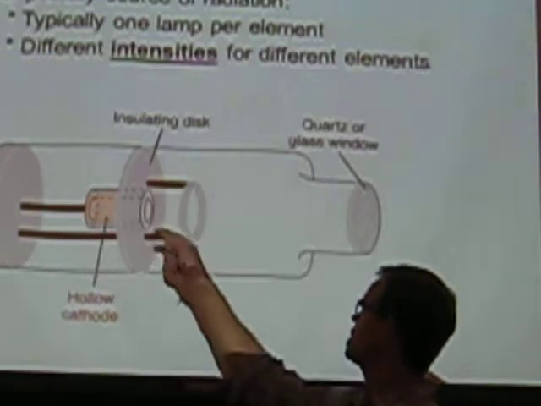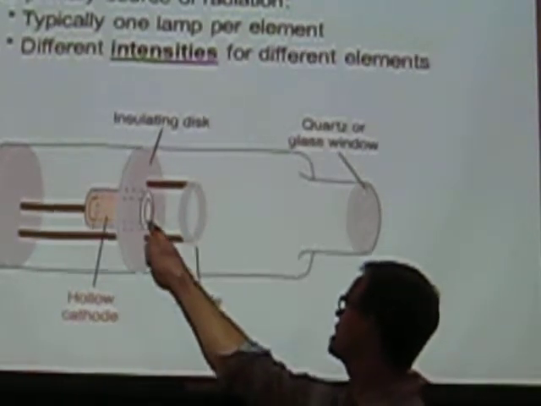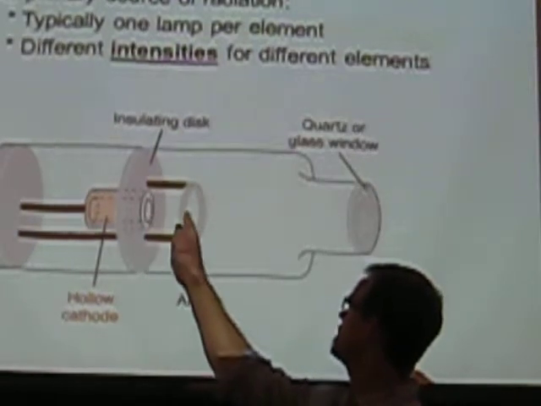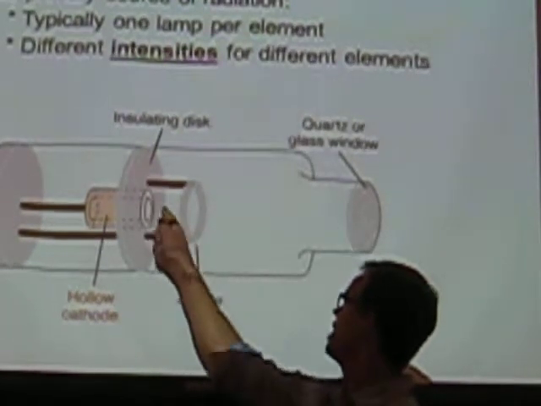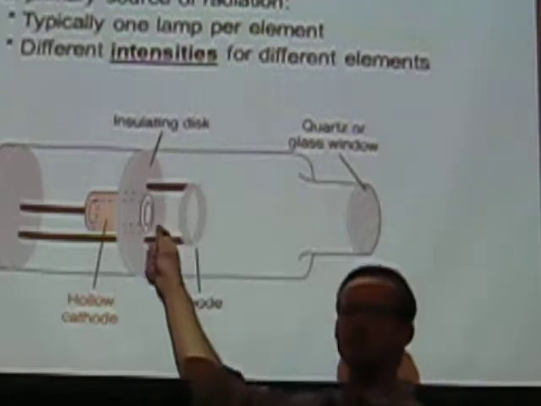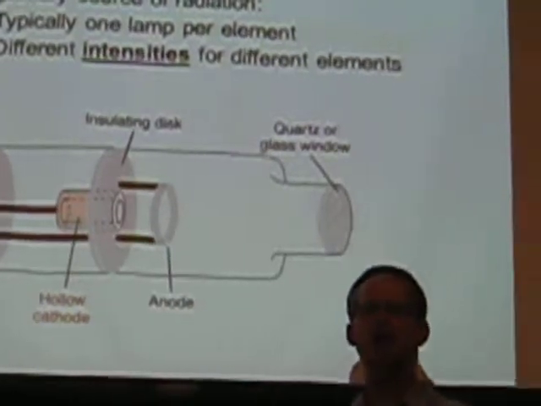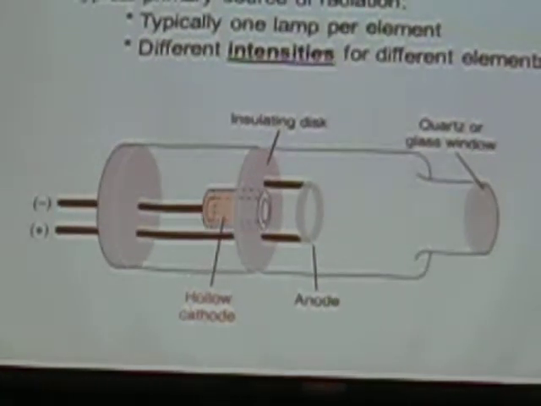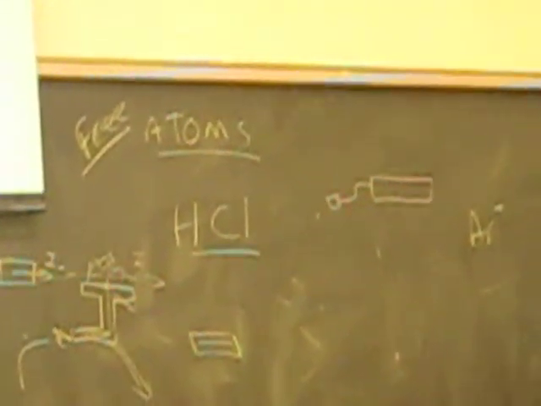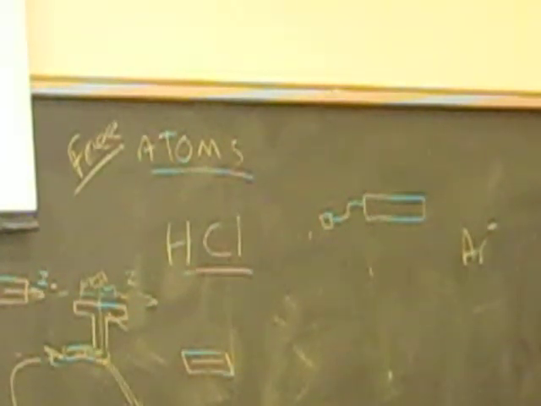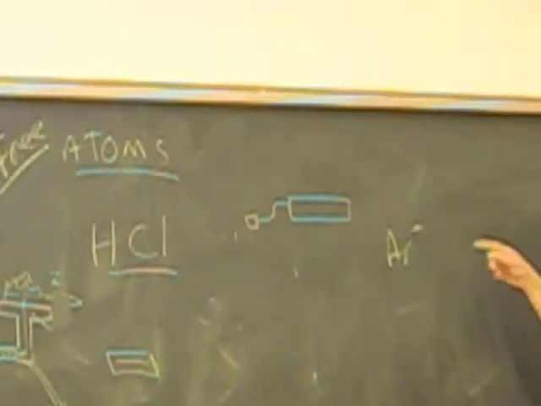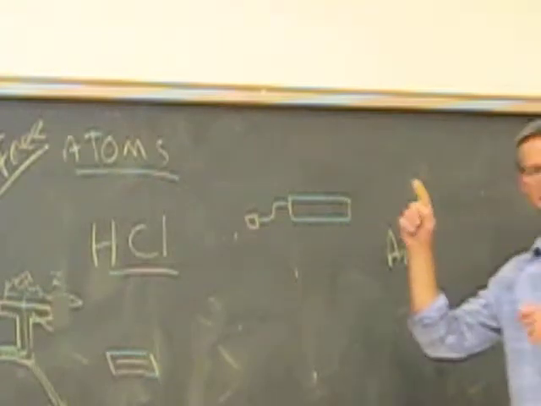When you plug it in and turn the current on, it puts a potential between the anode and the cathode. And then the argon atoms that are in there get ionized, and they generate a very localized plasma of hot argon ionized gas in that space.